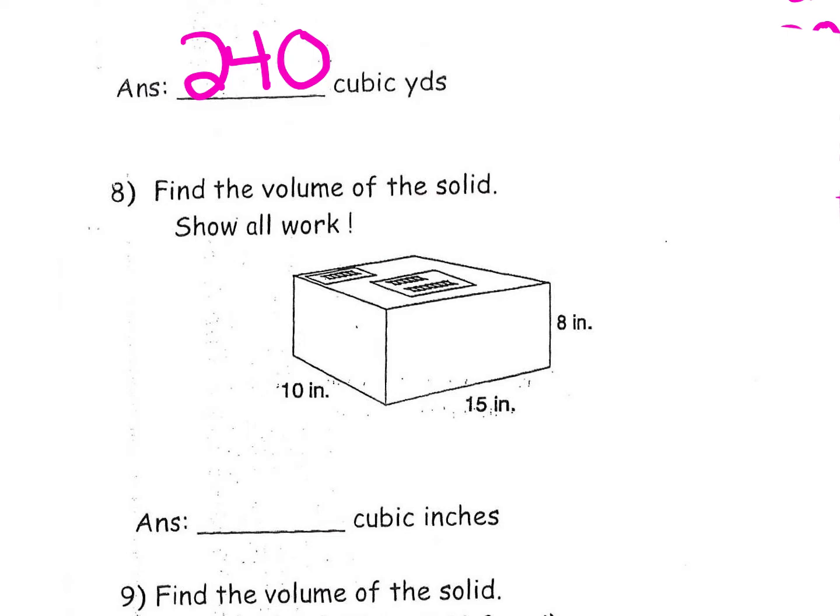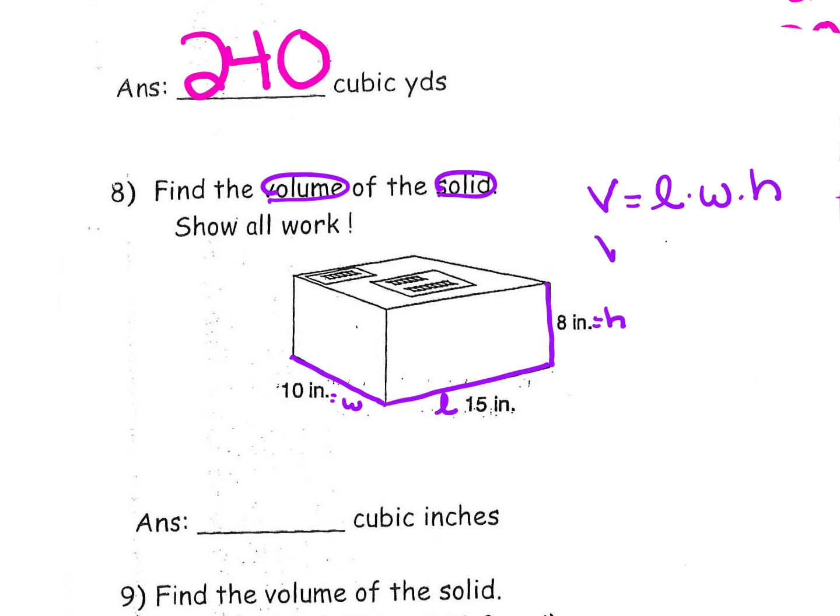Problem number 8 is a rectangular prism, and we need to find the volume of this solid. It has a length of 15, a width of 10, and it is 8 inches high. The formula for this, write this down please, volume equals length times width times height.